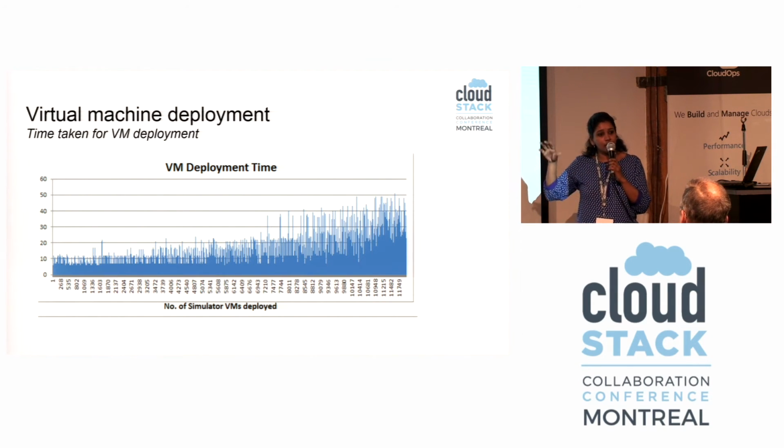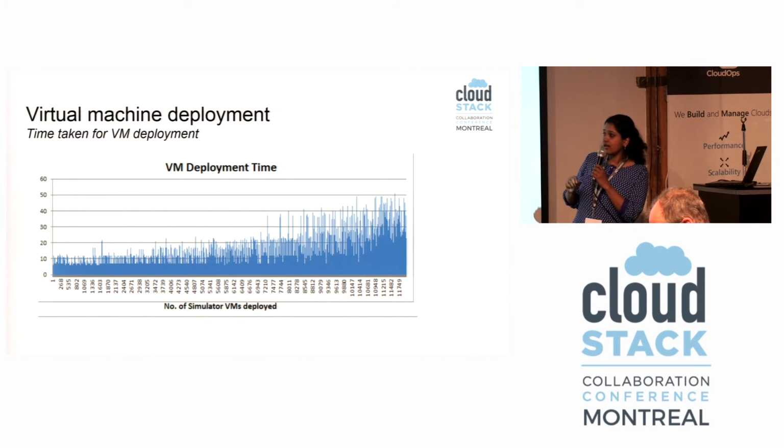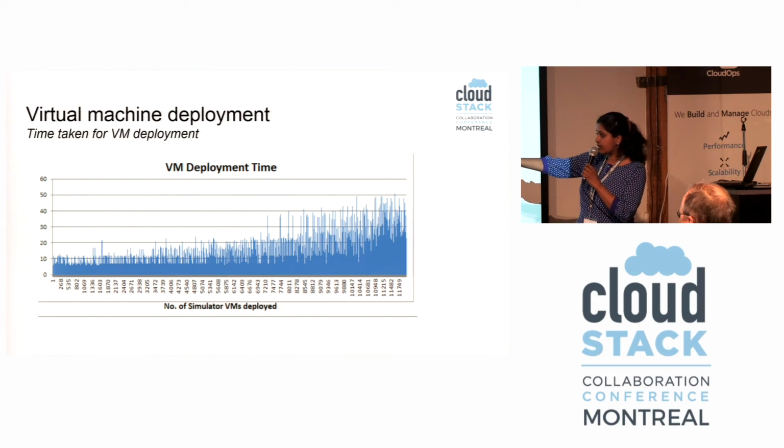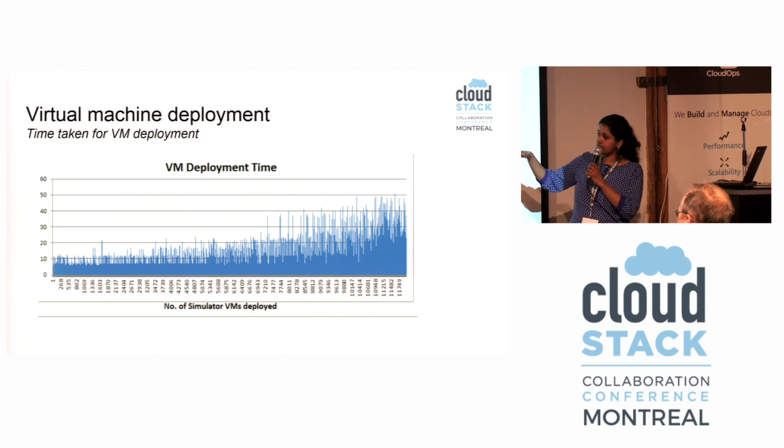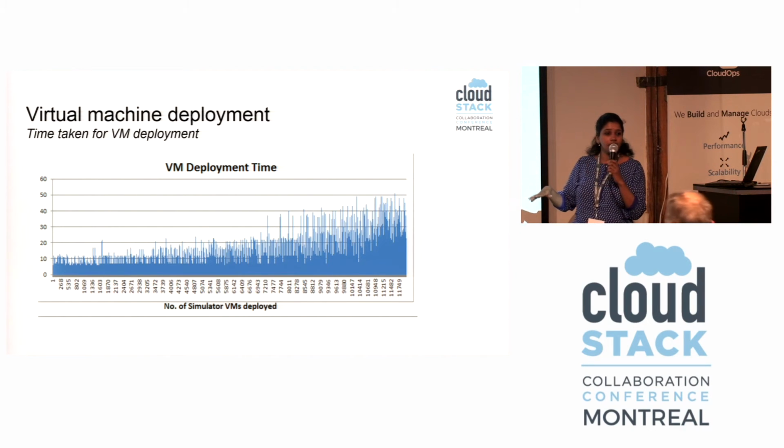Obviously, this will not include the time for the applications in the VM to come up. We are looking at how long CloudStack takes to figure out a host and a storage pool for the VM to be deployed in, right? So what you see there is that around 6,000 or so VMs take roughly 5 seconds to come up in the running state, which is pretty good.